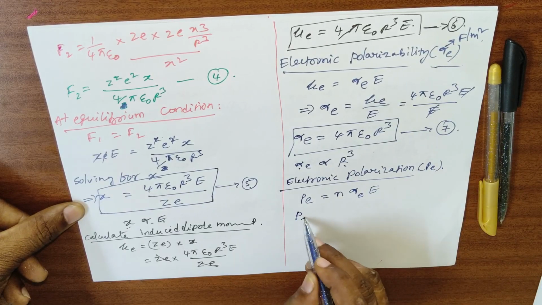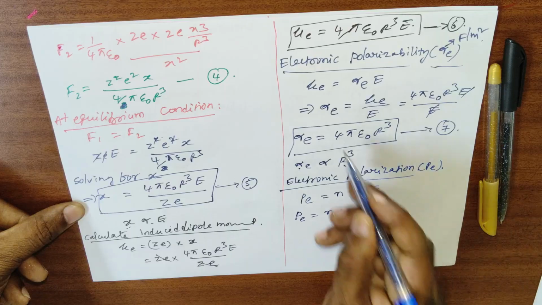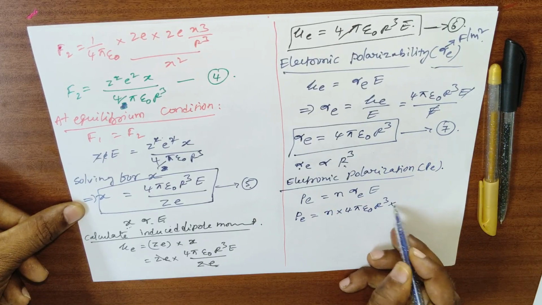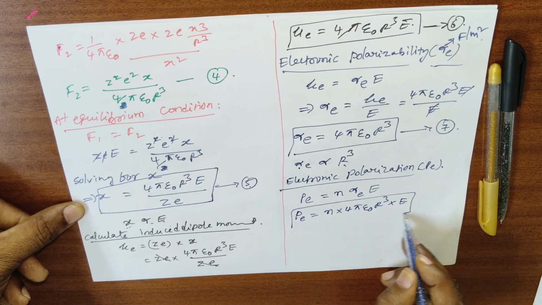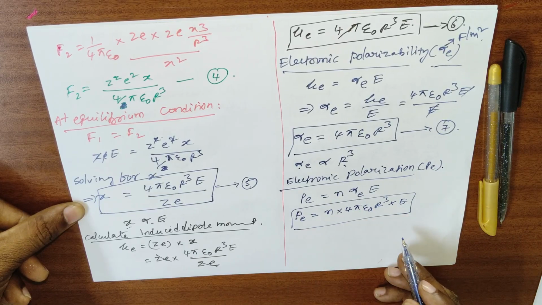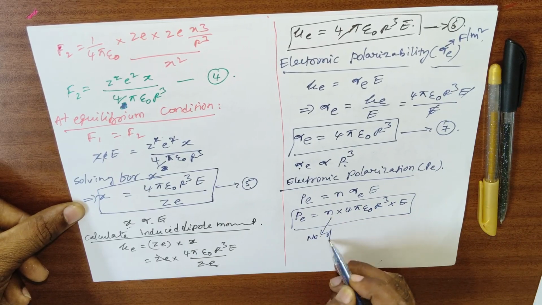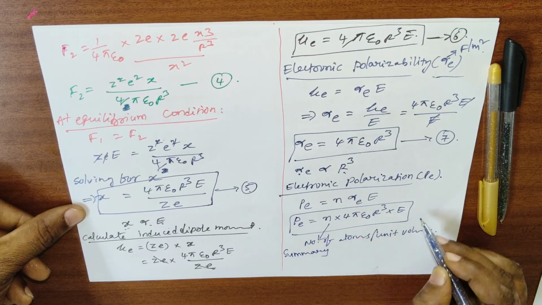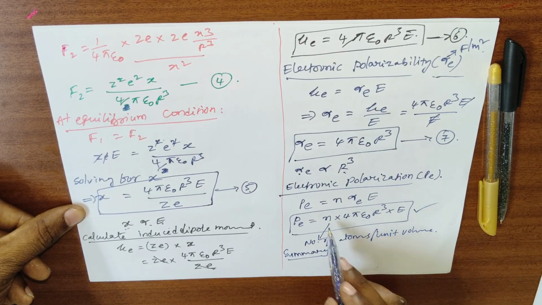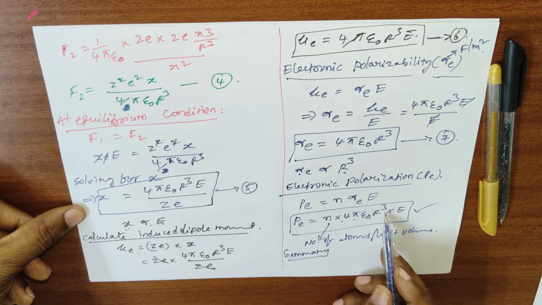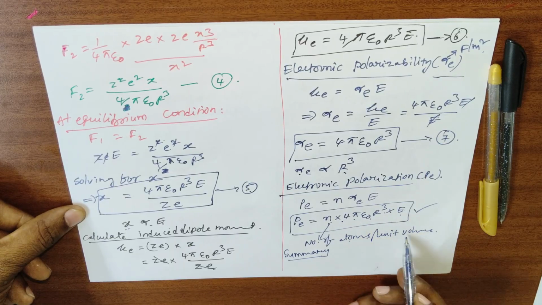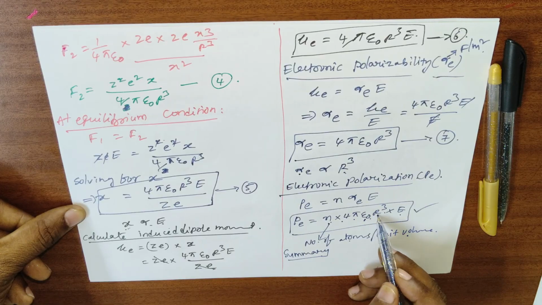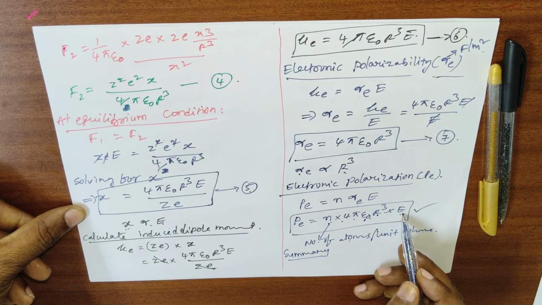So electronic polarization PE equals N into alpha E. From equation 7, it is N into 4 pi epsilon naught R cube into E. This is the total electronic polarization in the material, where N is the number of atoms per unit volume, epsilon naught is the permittivity of free space, R is the radius of the atom, and E is the applied electric field.